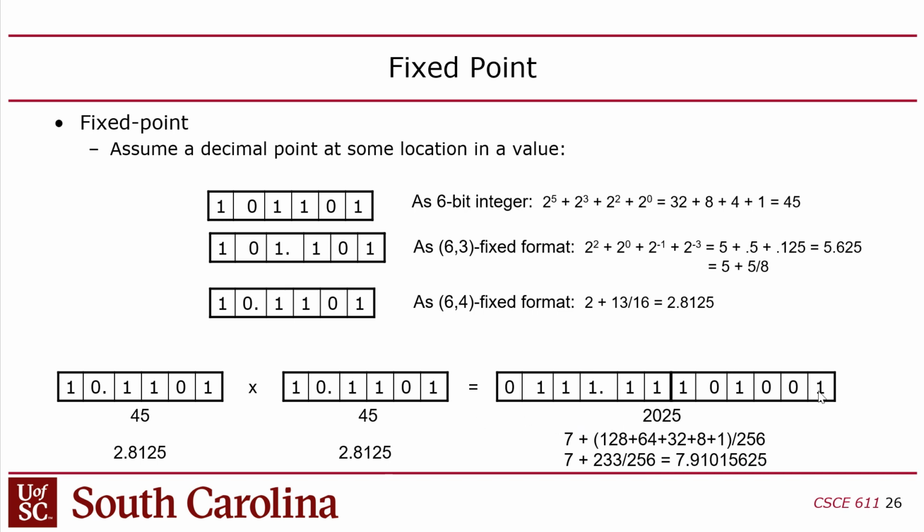And then if you divide the value in those 8 fractional bits in the product by 256, which is the significance now of the fractional portion, 256ths, you get 7 and 233/256, which is 7.914.